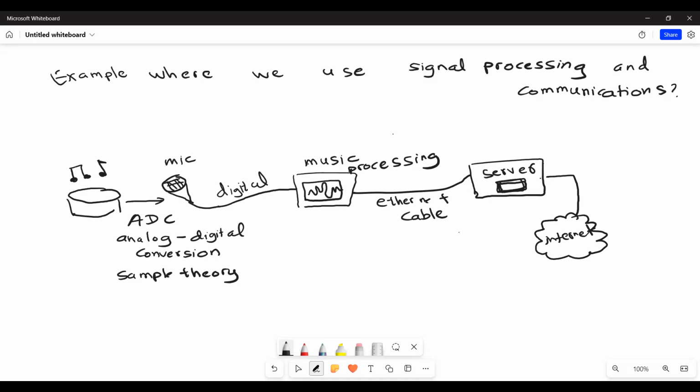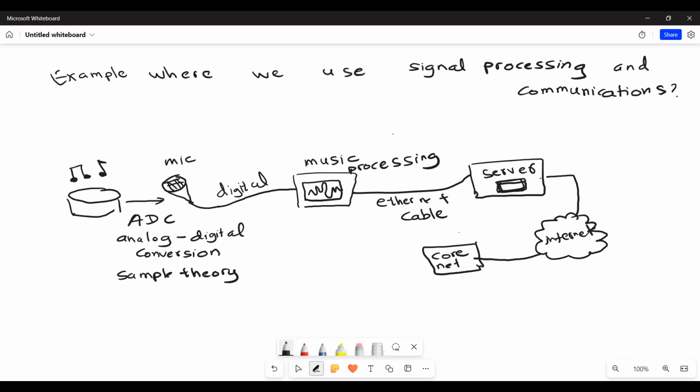Afterwards that data will be transferred to a telecommunication service provider, let's say the core network of the telecommunication service.